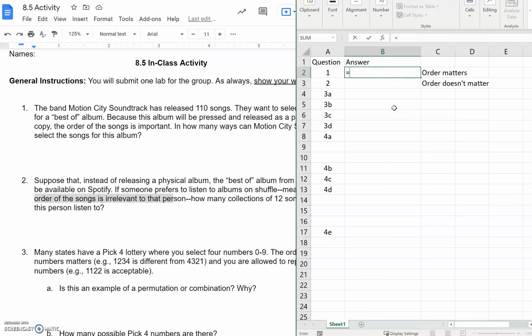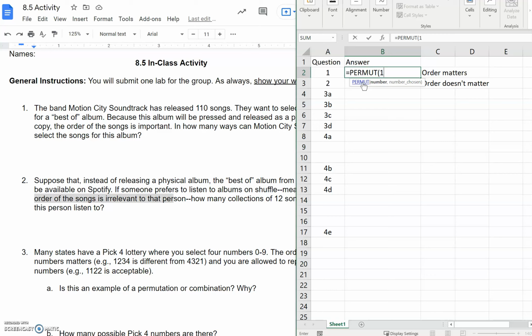That just changes which function we're going to use. In the first one, if order matters, we're going to look at permutation. When you start typing, if you forget what function it is, whether it's per, perm, permute, or permutation, it autofills for you. The very first one, permute, hit tab, and it says number and then number chosen.